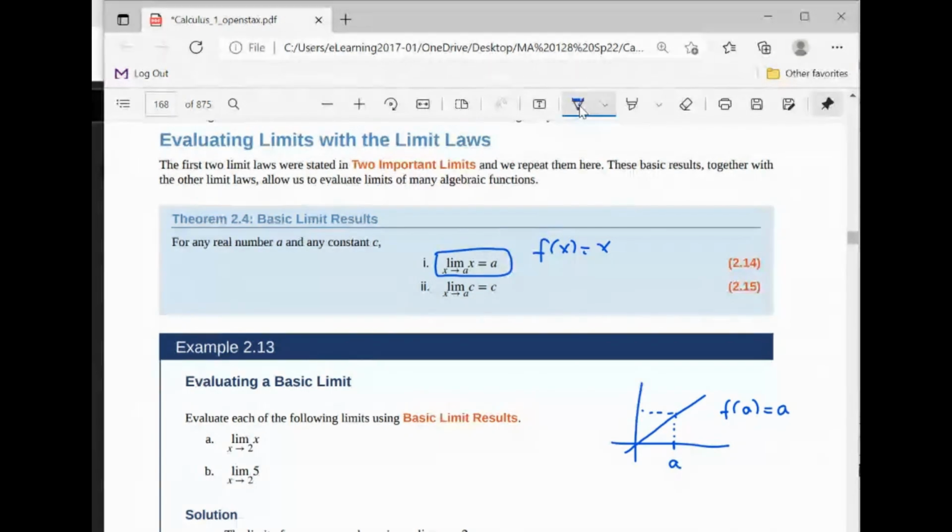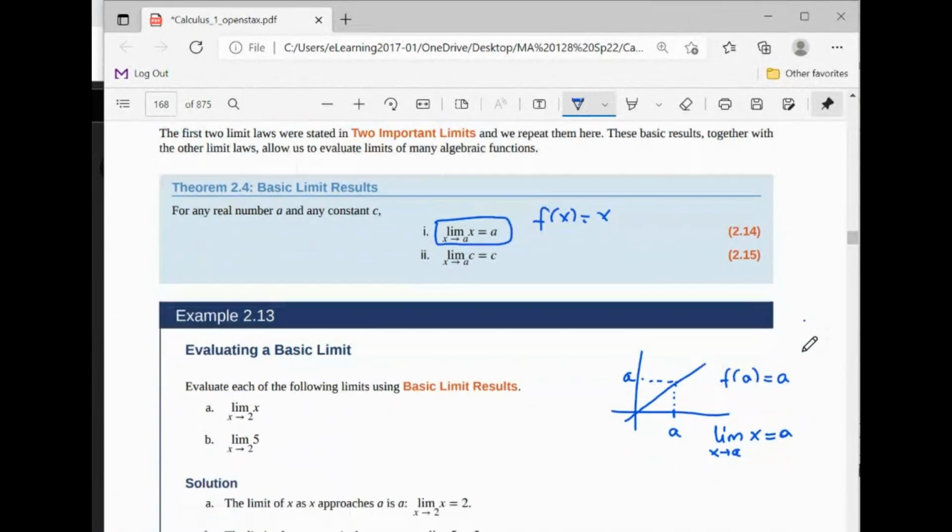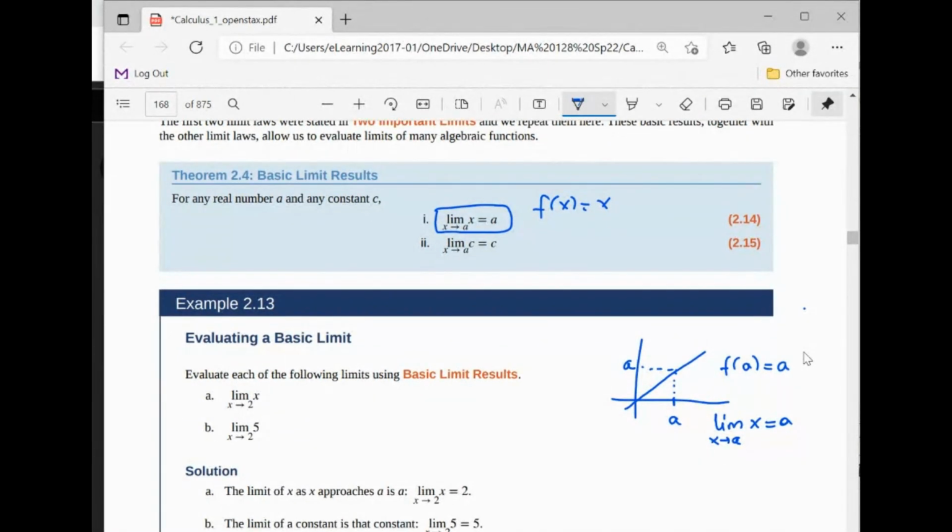Because this is a polynomial, a linear function, we can say f of a equals a, so we can also say that the limit of this function as x approaches a also equals a. So this is one basic rule about limits. And the second rule is telling about another basic result.